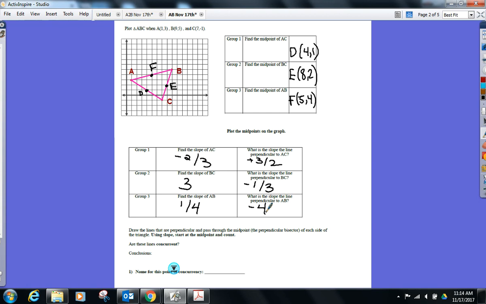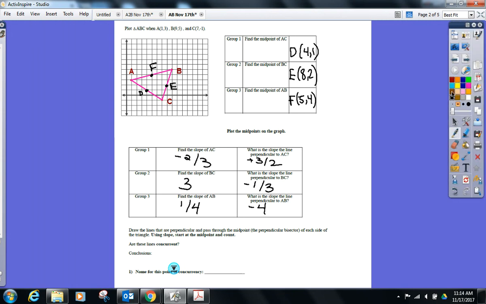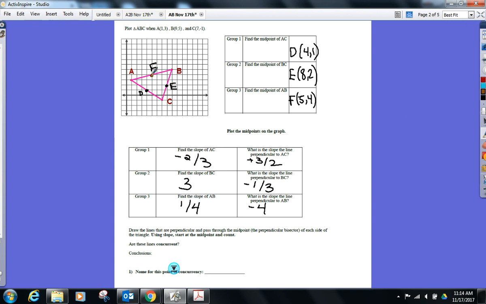So I'll do AB with you. AB's slope was 1/4, but if I want a perpendicular line, what's the slope got to be? -4, and it's got to go through F. Going back to algebra last year when you graph points, if I start at F and I know my slope has to be -4, where can I go from here?